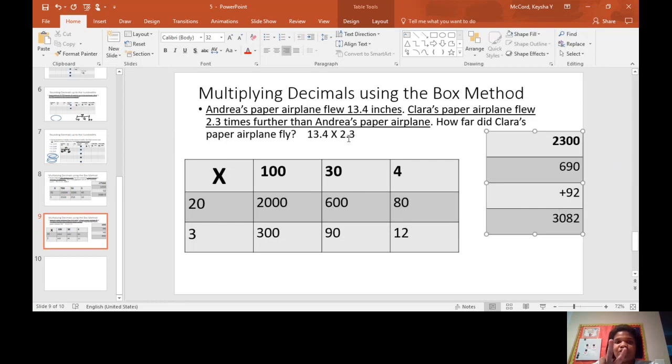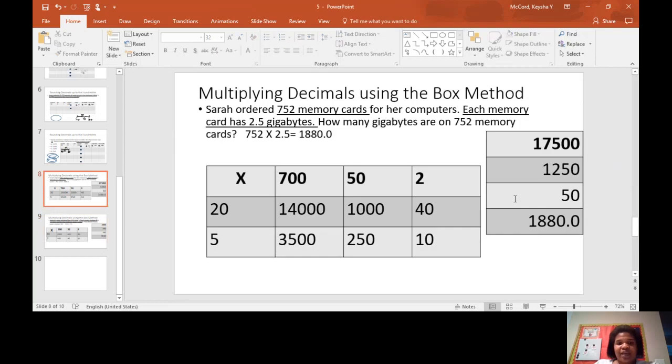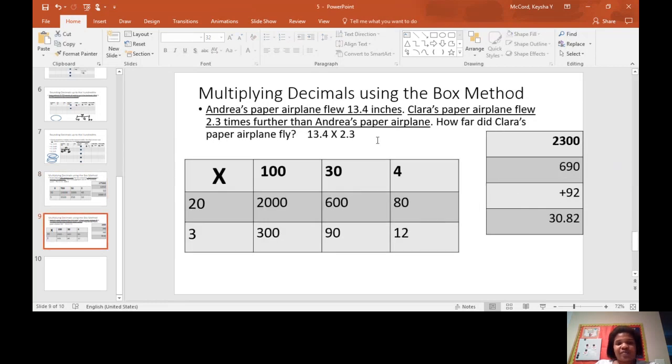So 1 plus 1 is 2. That means when I go to my answer, I'm going to move my decimal 2 places to the left. 1, 2. Put my decimal right here, and my final answer is 30.82. That's how far Clara's plane flew.